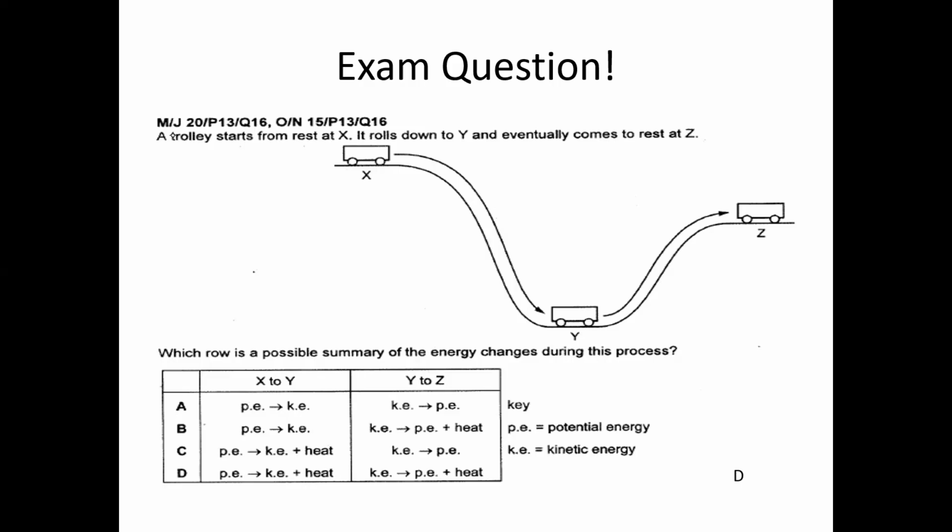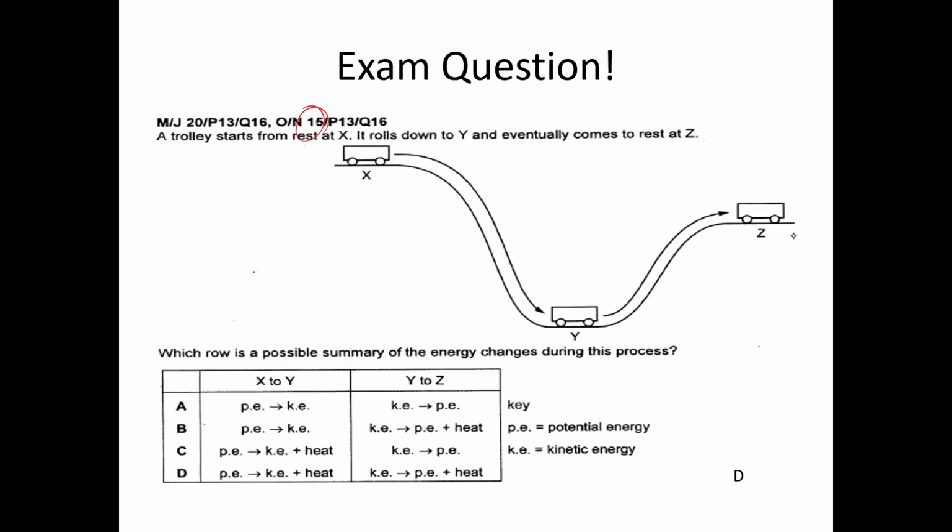When it is moving from X to Y, potential energy is changing into kinetic energy plus friction. And likewise, at Y kinetic energy will be maximum, so when it goes from Y to Z, Y's kinetic energy will be converting into potential energy at Z. So kinetic energy changes into potential energy plus the amount of heat when it moves from Y to Z. Is it understandable?